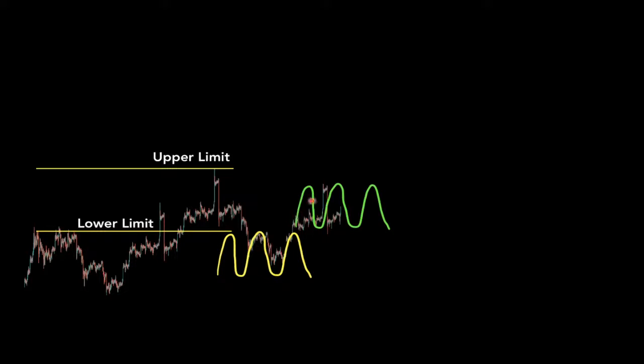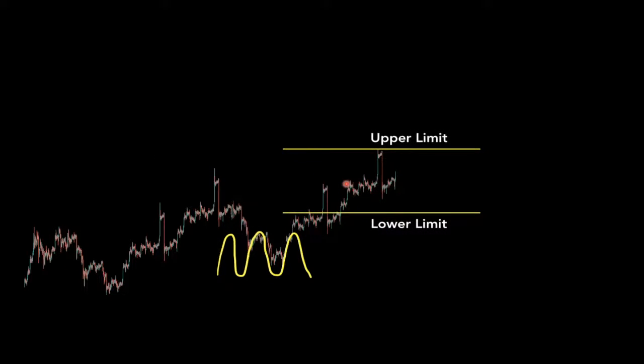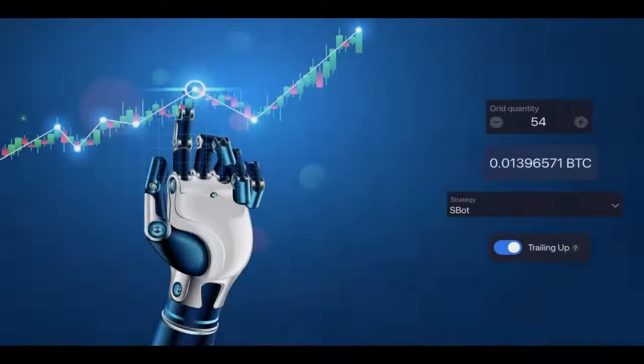But as soon as the price stays within the trading range, the bot will continue trading. If it then eventually establishes a new higher high, then of course the trading range will be moved accordingly. So that's the idea of trading up.